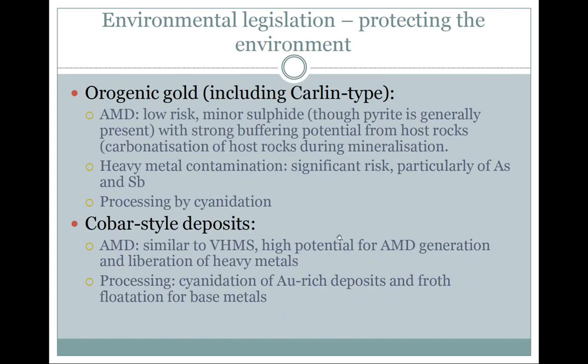Orogenic gold, low risk because they have minor sulfide and strong buffering potential with the carbonatization of host rocks. Heavy metal contamination is the main issue here, particularly arsenic and stibnite, antimony. Cobalt sulfate, similar to VMS for AMD, and we have processing with cyanidation.